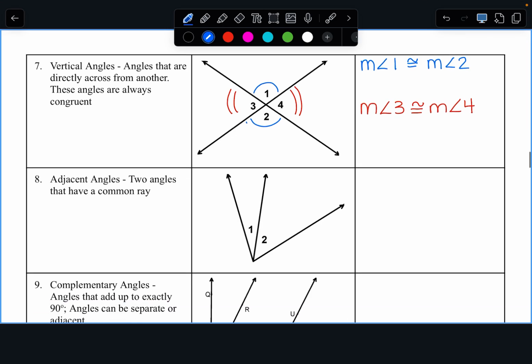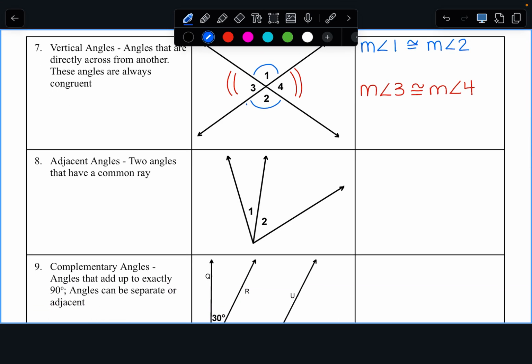Adjacent angles are two angles that have a common ray. So think about adjacent as touching.